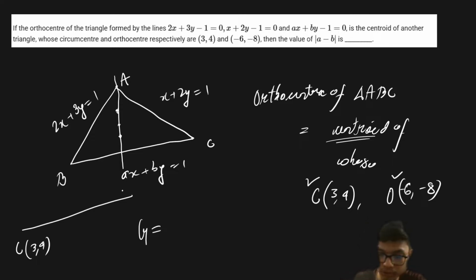Proceeding with this, what I can see is that the centroid of any triangle divides the line joining the circumcenter and the orthocenter, that is minus 6 comma minus 8, in the ratio 2:1.